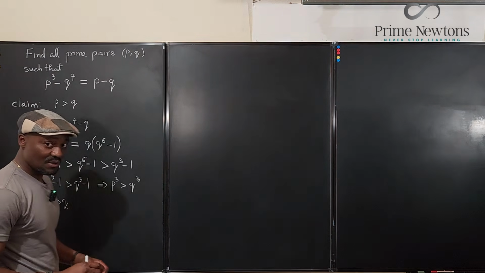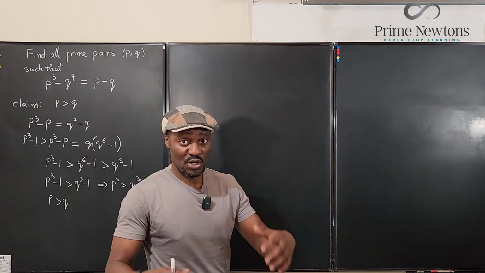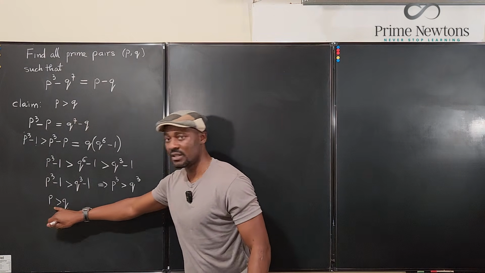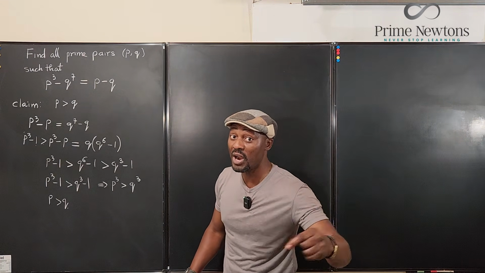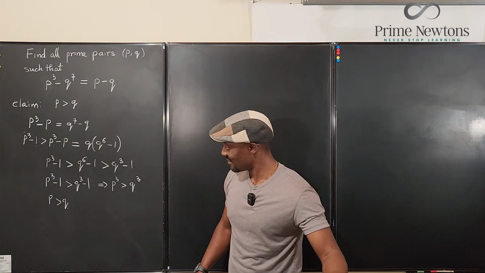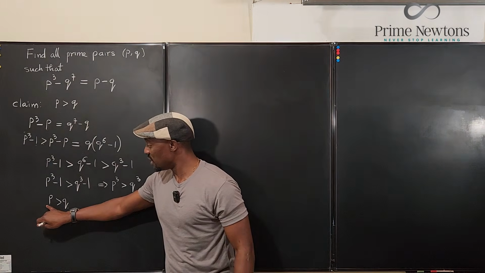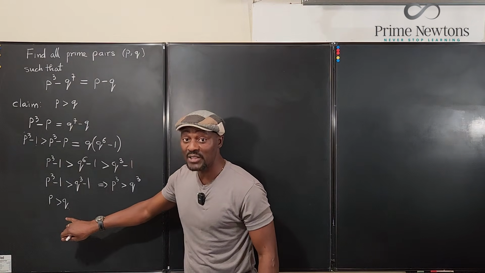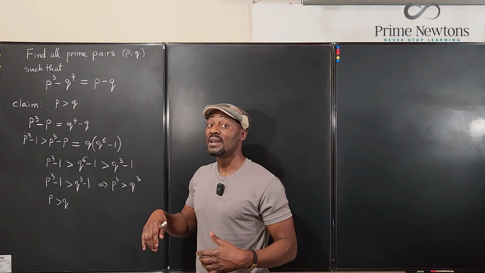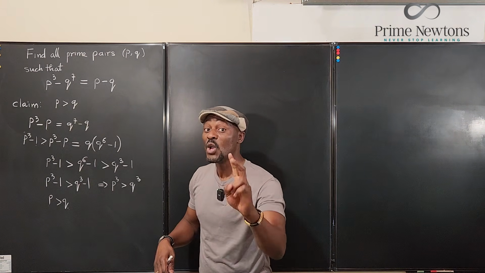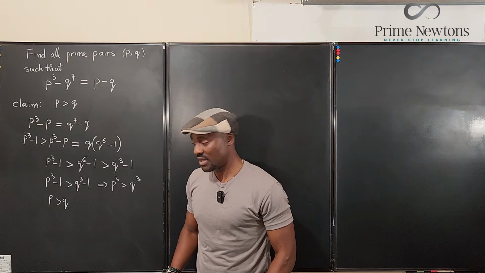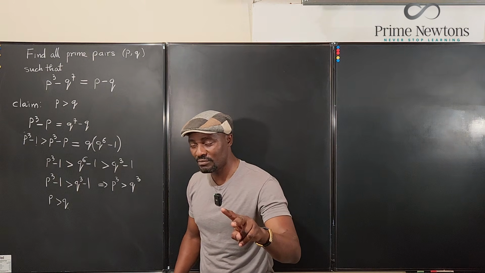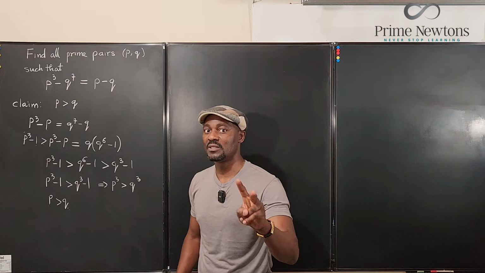So in everything we're going to be discussing, we have to know that P is greater than Q. In fact, because both P and Q are prime numbers, the minimum gap between P and Q has to be 2. Otherwise, we already have one of the answers, because the closest prime numbers are 2 and 3.